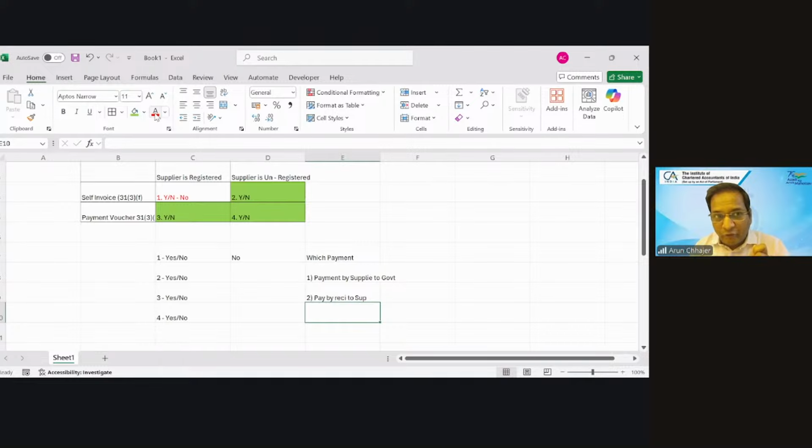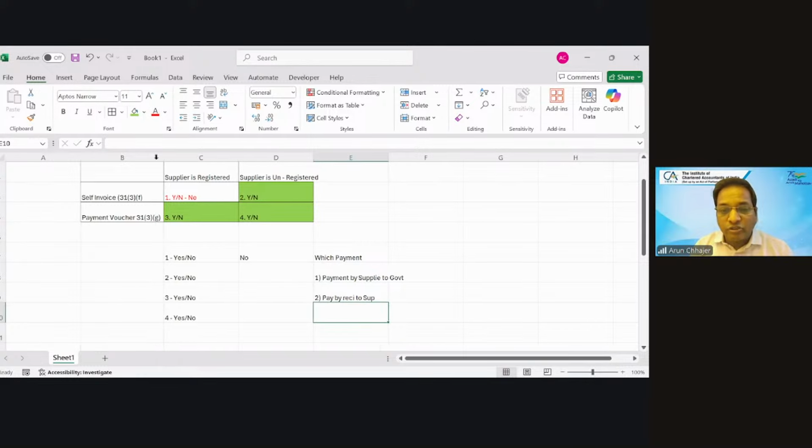Here, for which part will the payment voucher be made? The GST part, which the supplier made the payment to the government. Payment by recipient to government, sorry, I wrote it wrong here, because it is an RCM, the tax will be paid by the recipient only to the government. I hope it is clear. Both the provisions are clear to you, right?